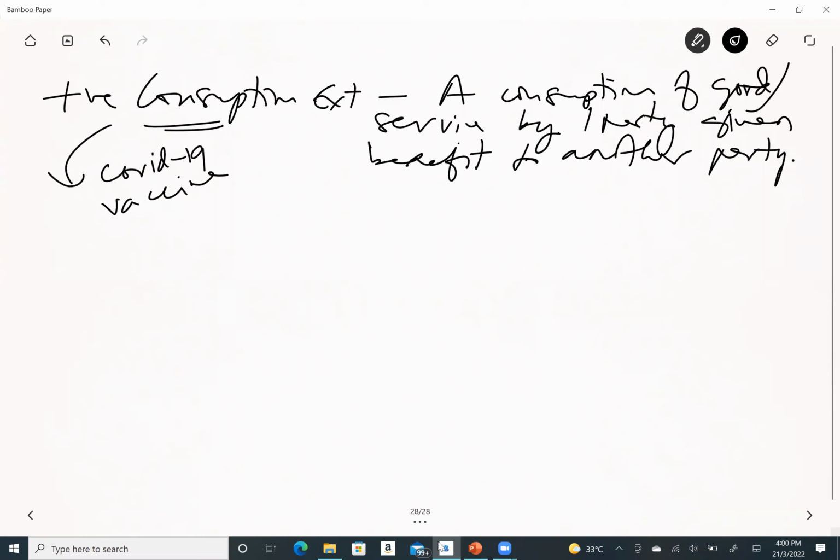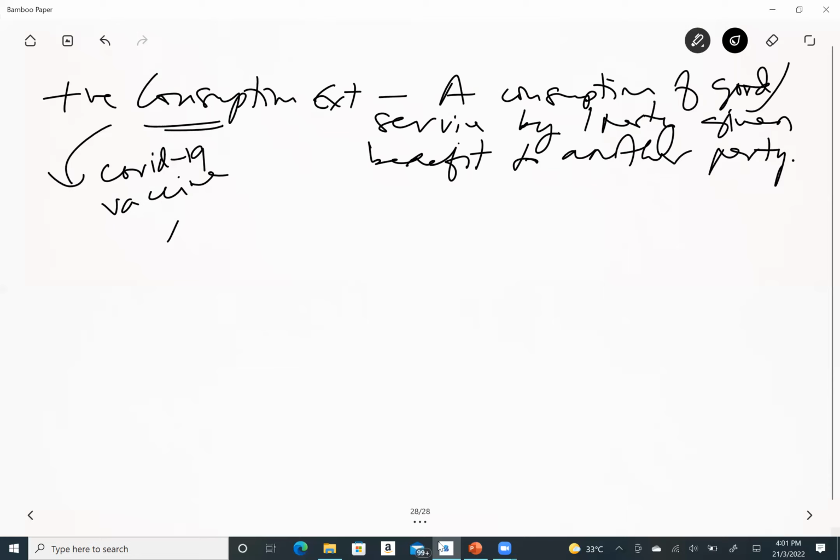If you have that, it doesn't only benefit you, but also benefits other people. That means you reduce the possibility of getting COVID. So that is a positive consumption externality.